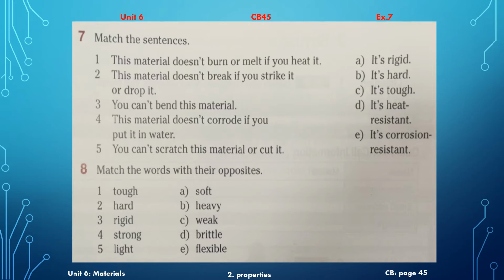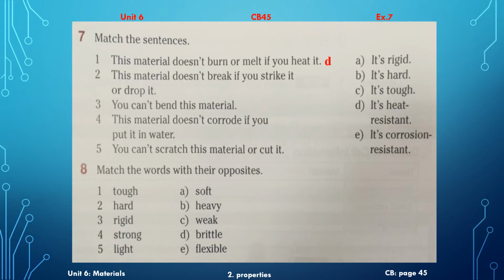Now let's look carefully at number 1. This material doesn't burn or melt if you heat it. So this material is heat resistant. For example, when we talk about the spark plug, it's made of ceramic.